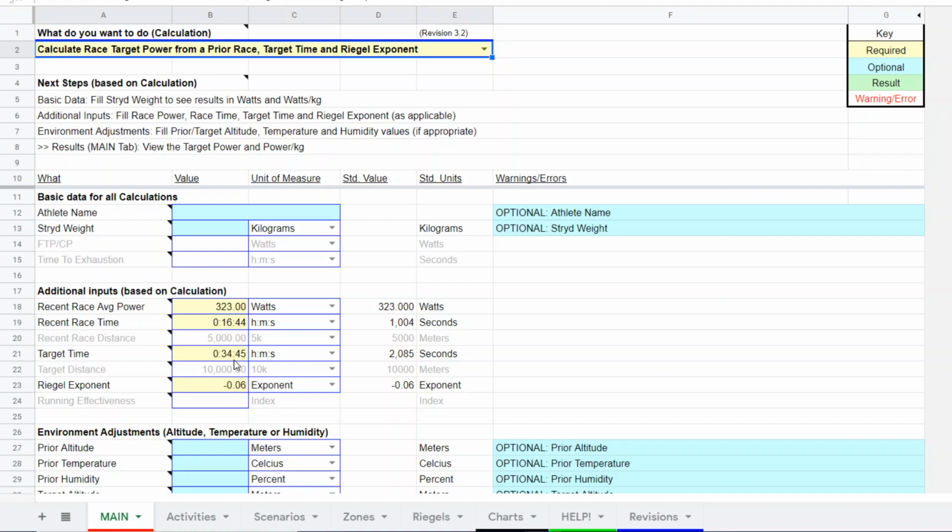Macmillan suggests 34:45, and there's other conversion tables online for time. And the Macmillan tables suggest 34:45 is roughly equivalent to a 16:44 5K time. So I just use that as the estimated target time.